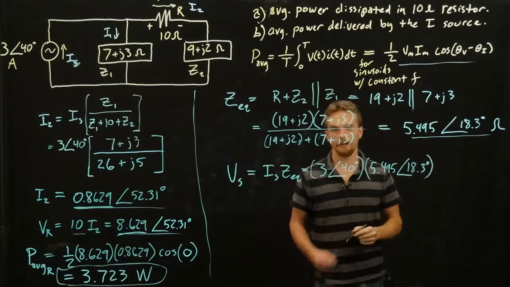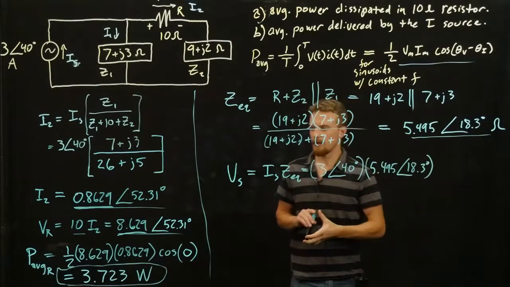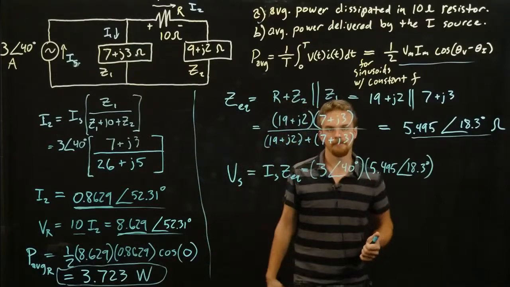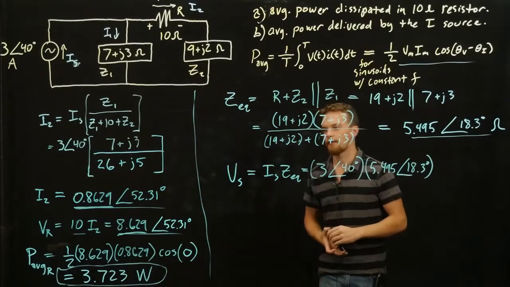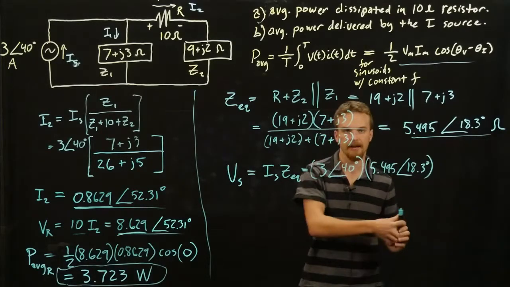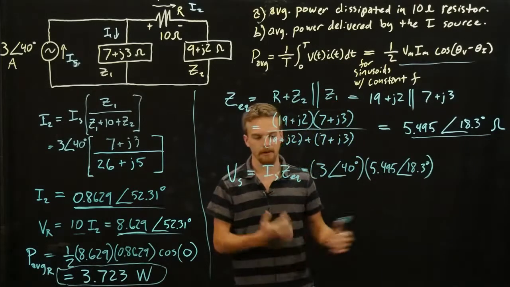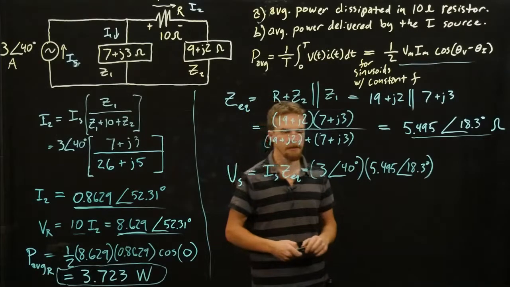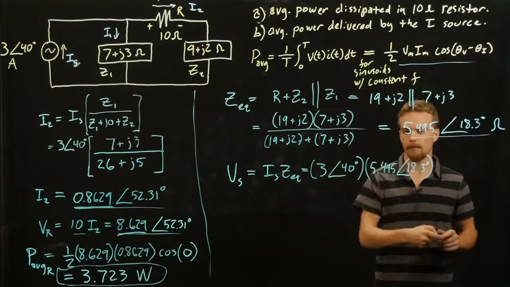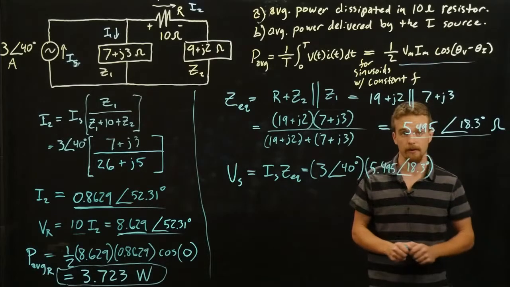Now, okay, so we talked a little bit earlier about when we have the rectangular form of complex numbers, it's pretty simple to add them together because you just add their real parts, add their imaginary parts, and that's your answer. It's kind of the same with polar form. Multiplication and division are relatively simple.